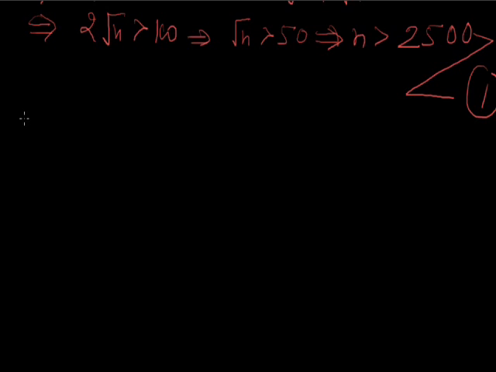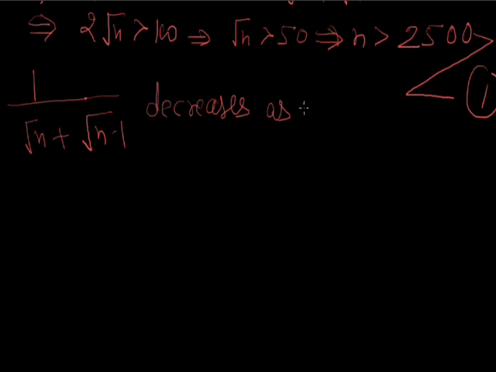Again, as n is the smallest positive integer, 1 upon root n plus root n minus 1 decreases as n increases.